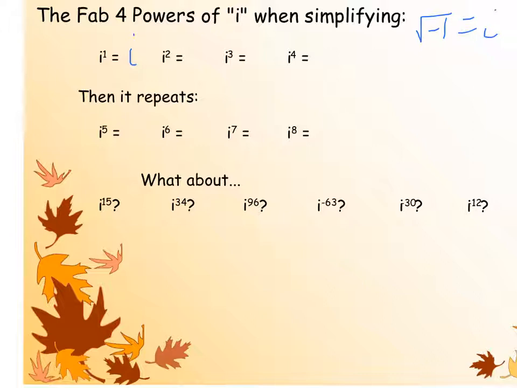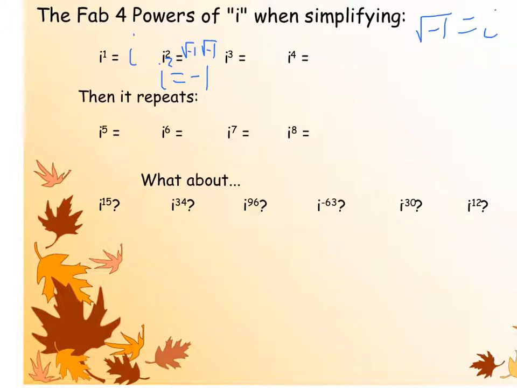Now, i squared could be written as the square root of negative 1 times the square root of negative 1. And anytime we take a square root times a square root of the same quantity, the answer is just whatever that quantity is.